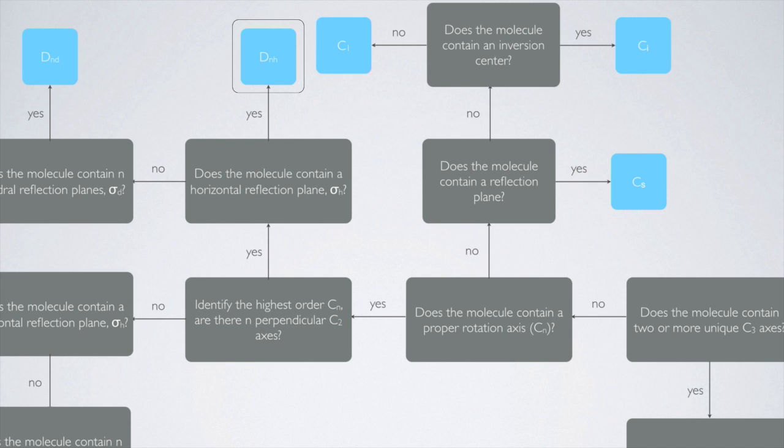So we can answer yes to those questions, and the point group is of the type Dnh, and for cyclopropane it's D3h because the principal axis is a threefold.